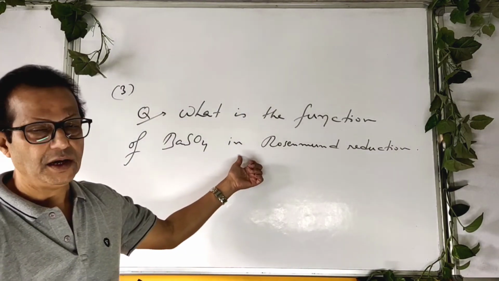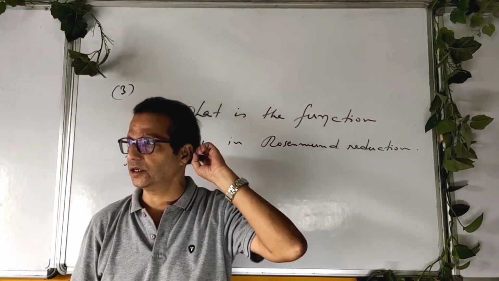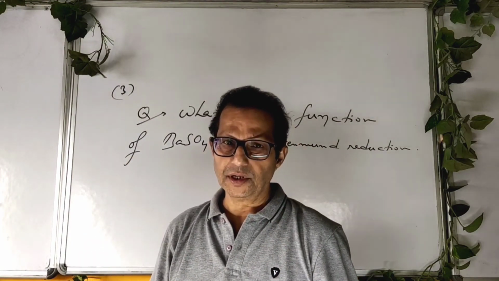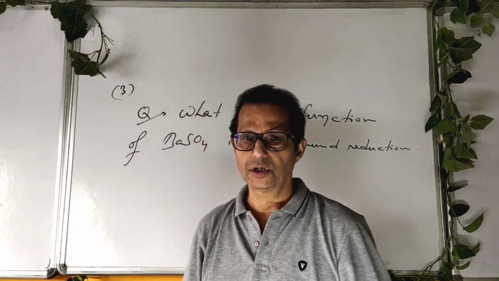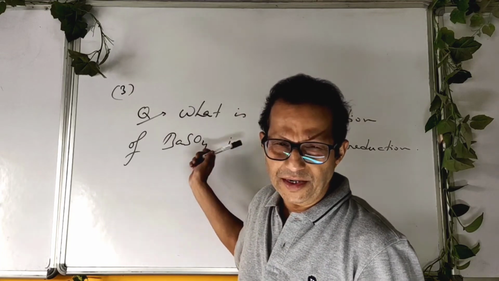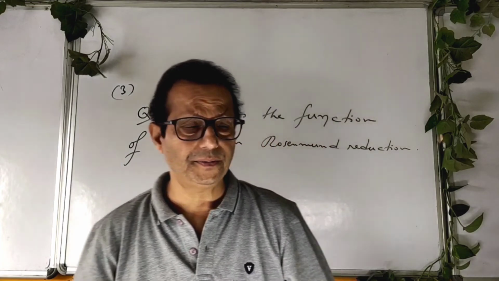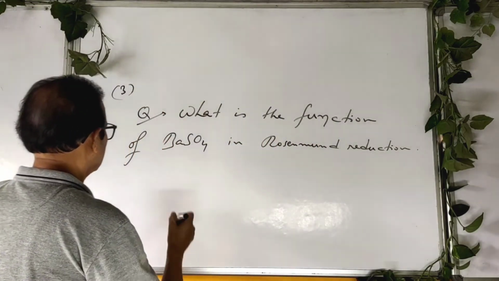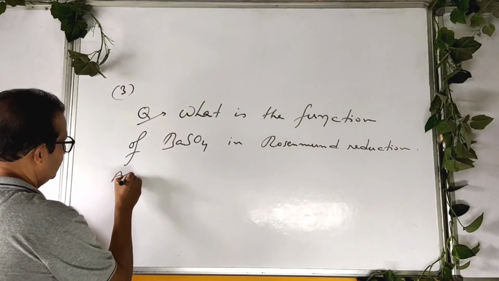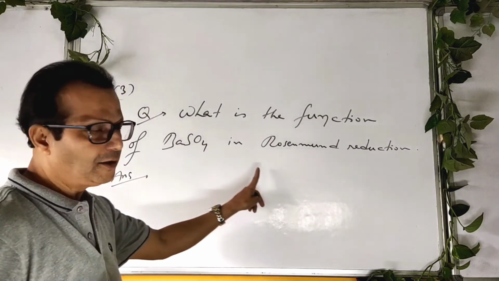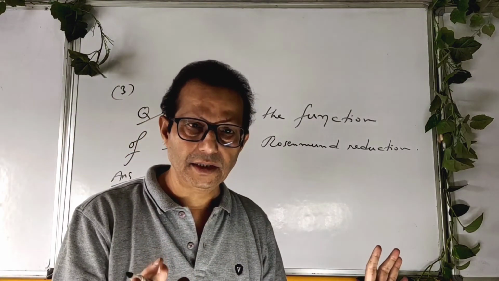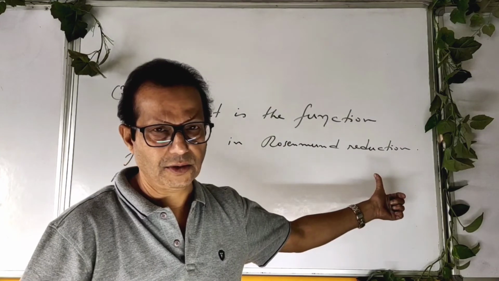What is the function of barium sulphate in Rosenmund reduction? Sometimes I have seen in some books, along with barium sulphate, a small amount of quinoline is used. Quinoline is basic in nature, okay? That we will try to understand. After that, I will write the answer, okay?